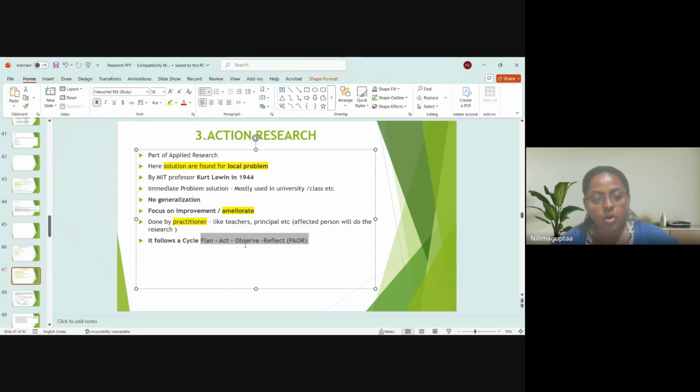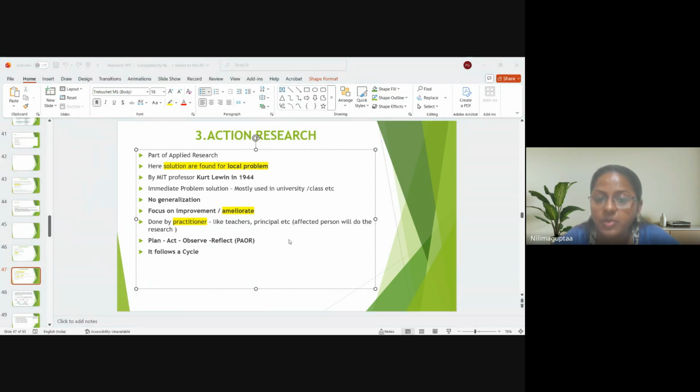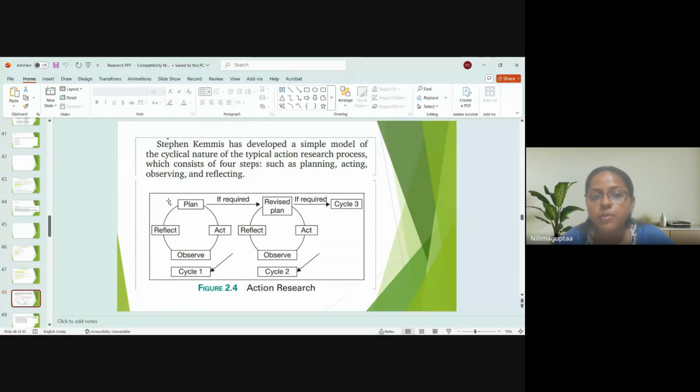Now, please remember that the action research concept was coined by Kurt Lewin in 1944. Again, I'm telling you, the action research concept was coined by Kurt Lewin in 1944. But this cycle, plan, act, observe, and reflect, was developed by Stephen Kemmis. So you should always remember this cycle was developed by Stephen Kemmis.